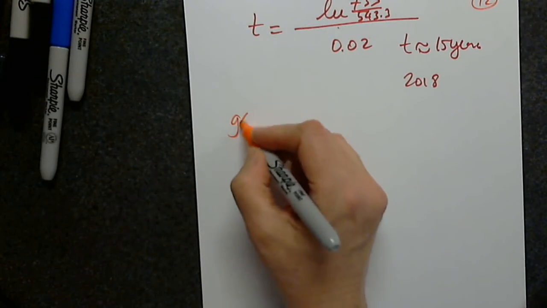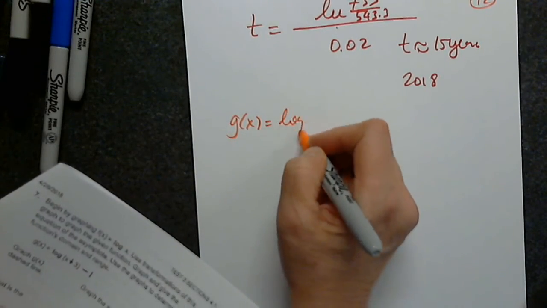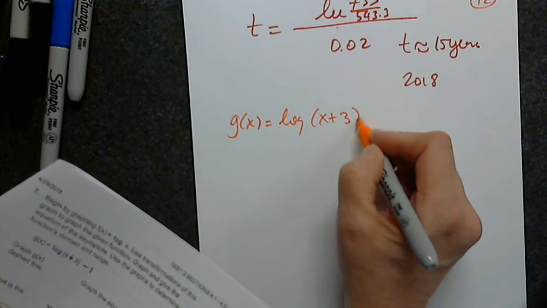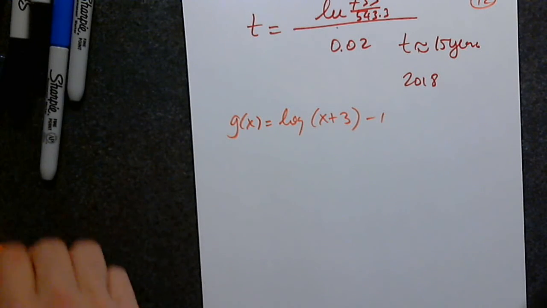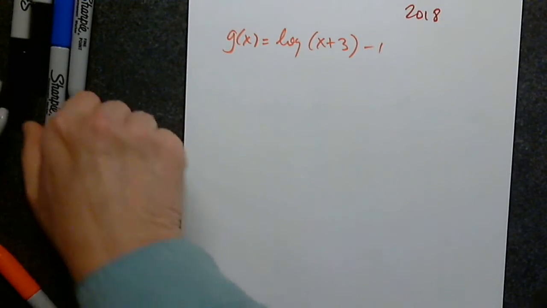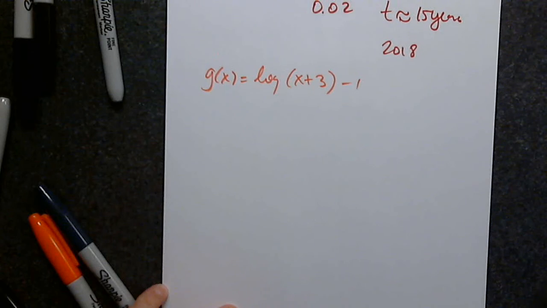So we have g of x equals log of x plus 3 minus 1. Here we're asked to graph, show the asymptotes, etc. So we already practiced with those equations. I would immediately write that x plus 3 has to be greater than 0.